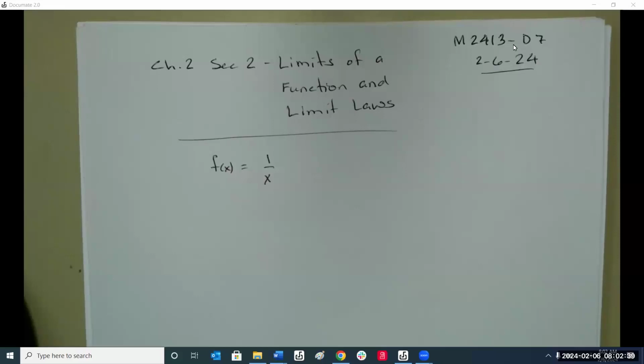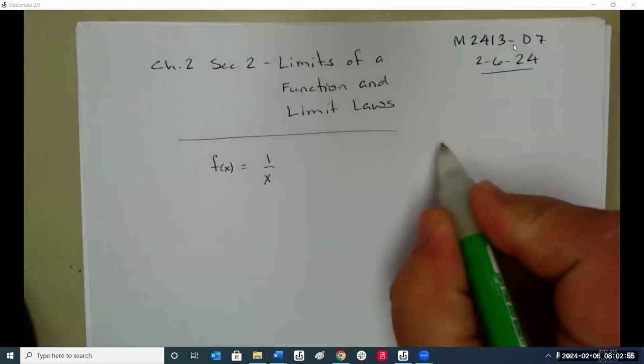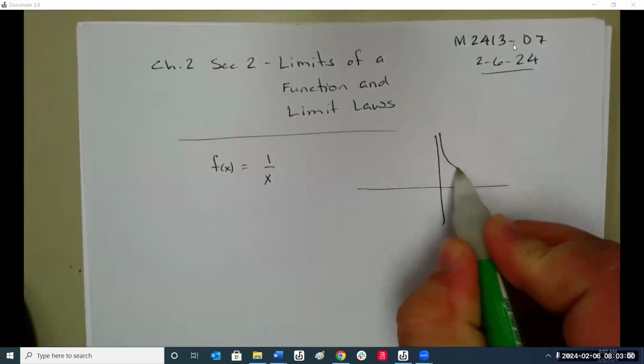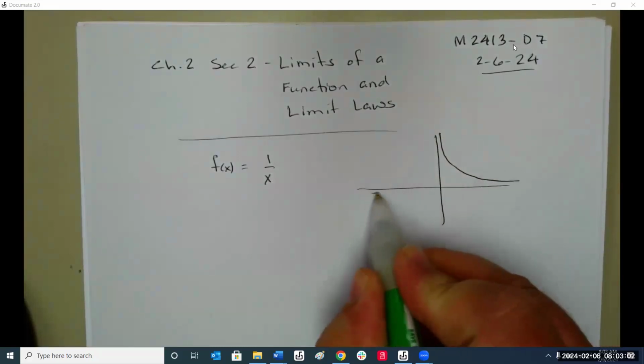what's the domain of that function? That's exactly correct. The graph of this function looks like this.